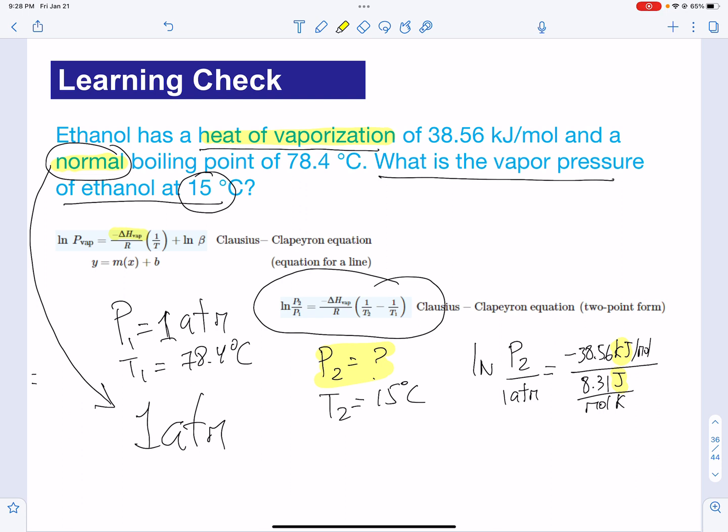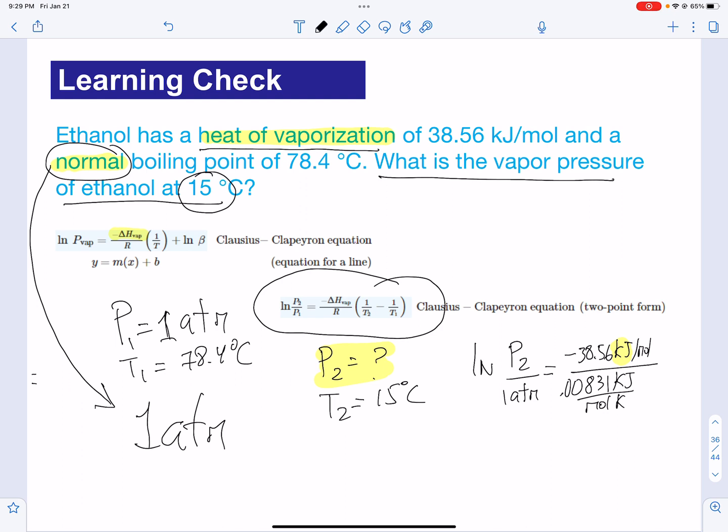So what I'm going to do is make it the same. So I'm going to make this 0.00831 kilojoules. You know from Chem 1 that you can go from joules to kilojoules by dividing by 1,000. So that's what I did.